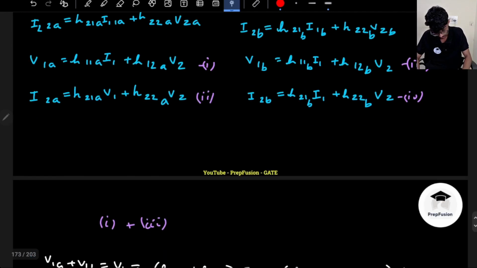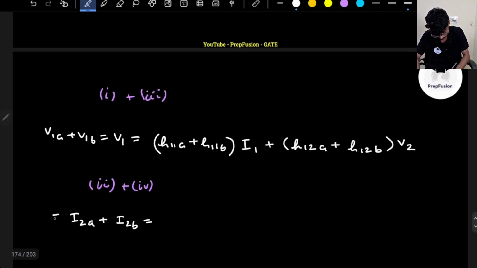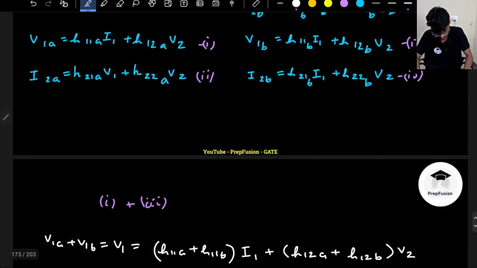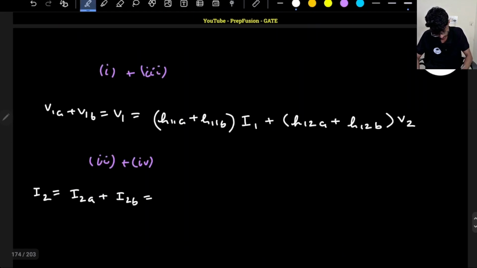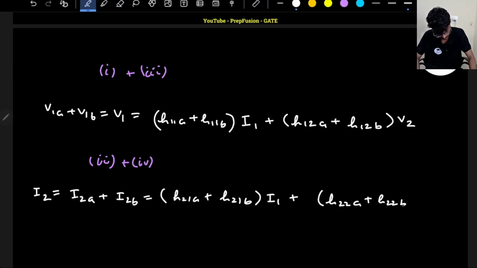It is I2 only. So this will be I2, that is equals to H21A plus H21B into I1 plus H22A plus H22B into V2.